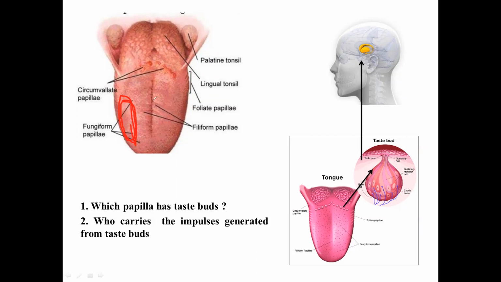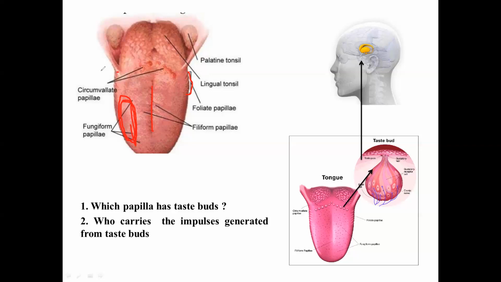Then there are some papillae present near the midline of the tongue. They are called filiform papillae. On the lateral surface of the tongue, a little posteriorly, you have papillae called foliate papillae. These papillae are very important to know because they have taste buds present.